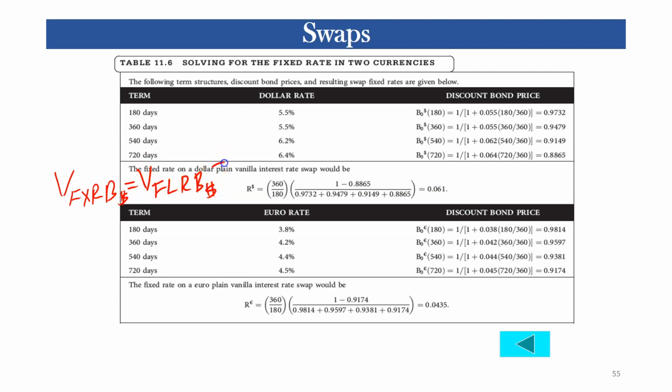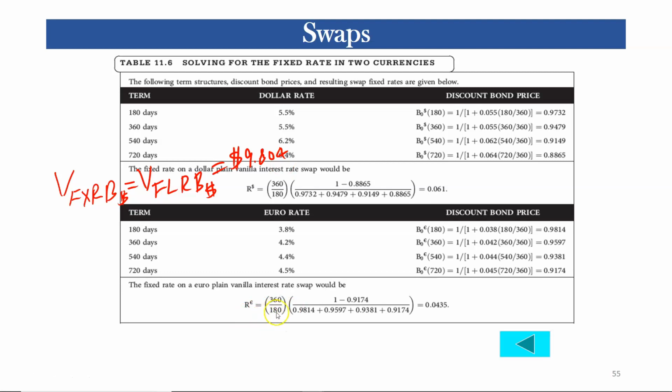Our notional value here is $9.804 million. Though we know that when we value these bonds, we assume a notional value of $1, in our case in the swap, the notional value is $9.804 million.